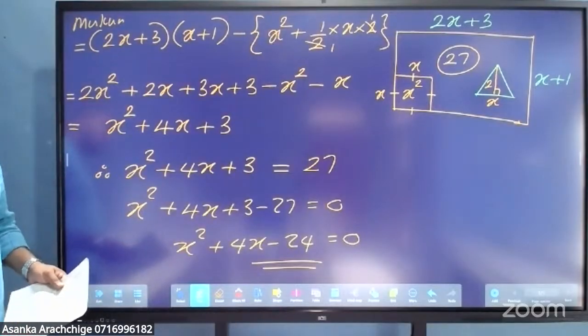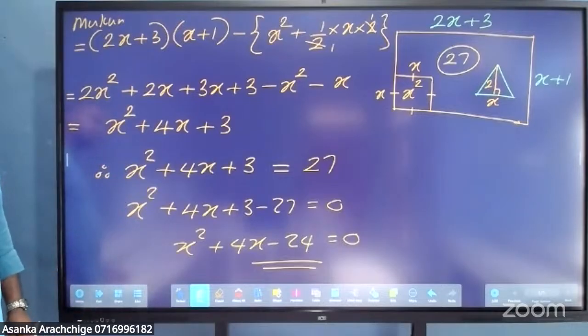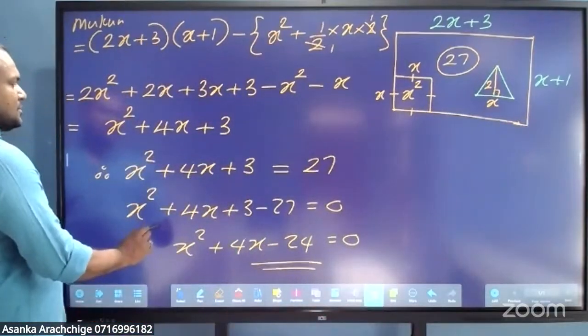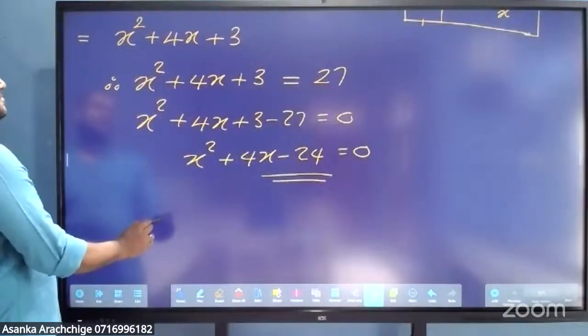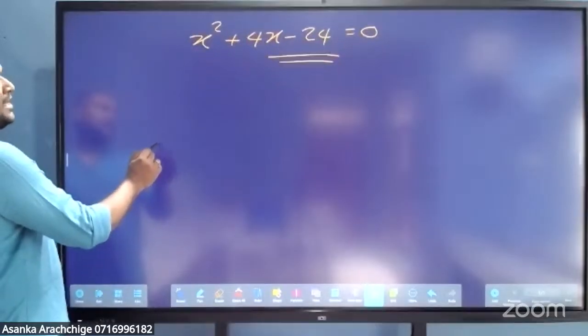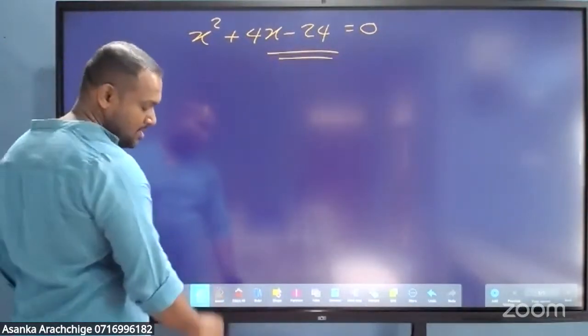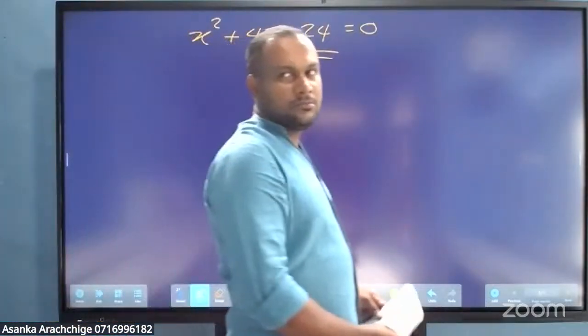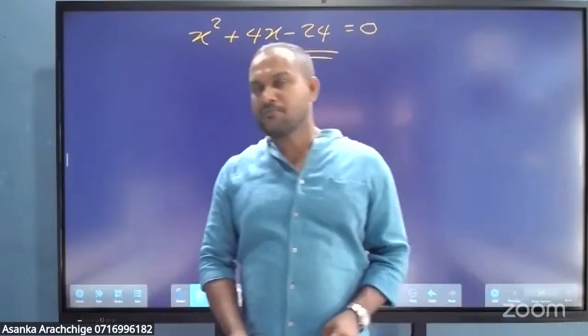Now we have to solve this. Fine. Now we have two methods to solve a quadratic equation. What are they? By completing the square and by using the formula. I know that most of you like to use the formula.